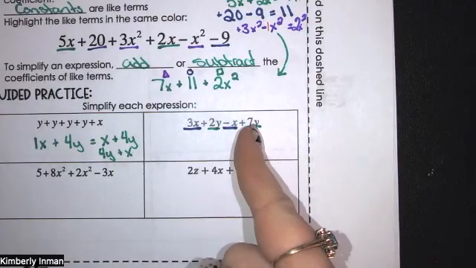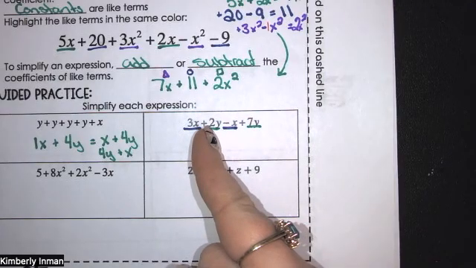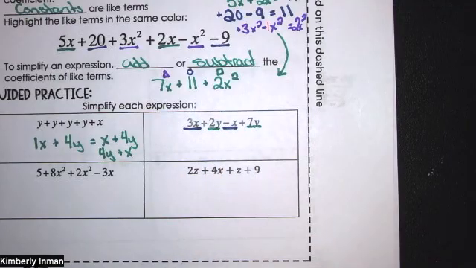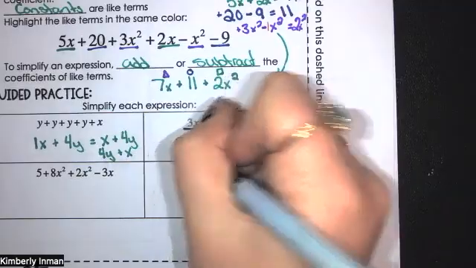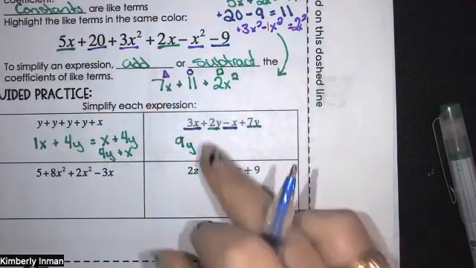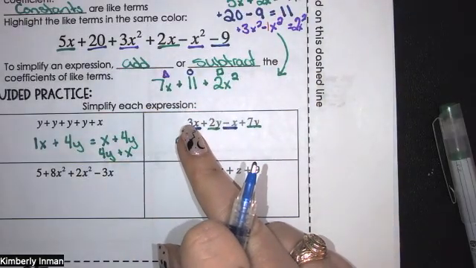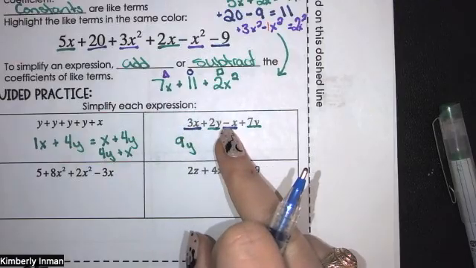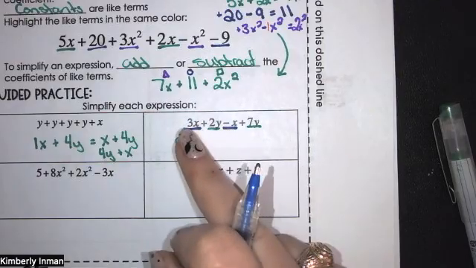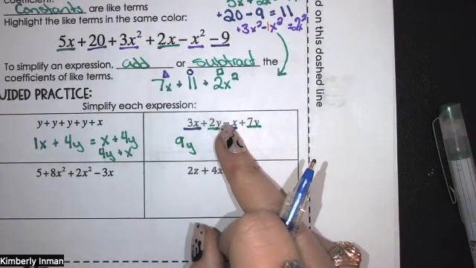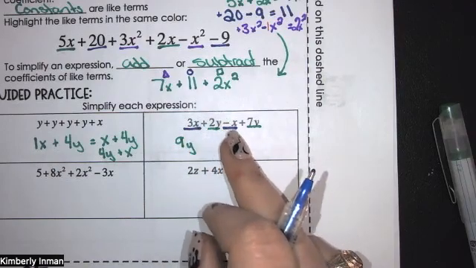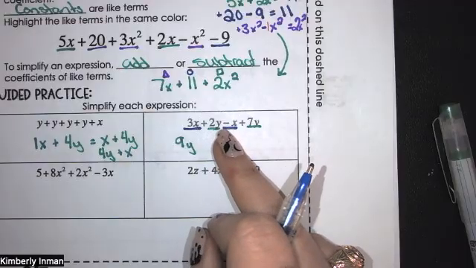So you're adding those two together and you end up with how many y's? You end up with 9 y's. Then you have a 3x, and you have a minus x. So you're not adding 3x plus another x to give you 4 x's. In this case, you're taking away an x.